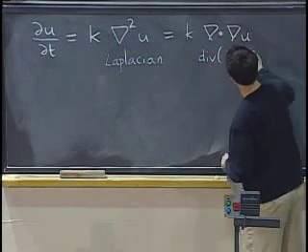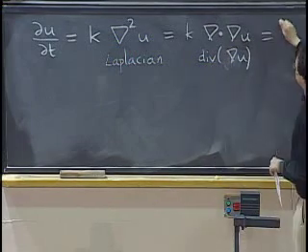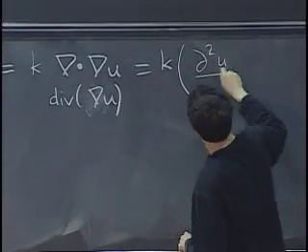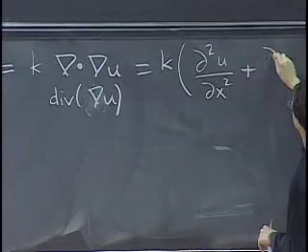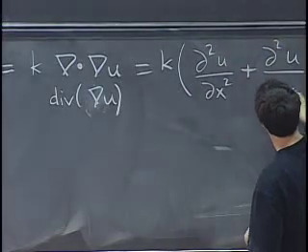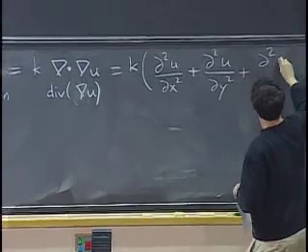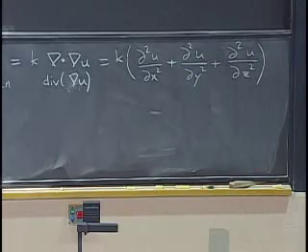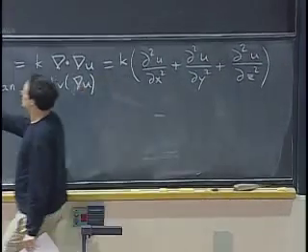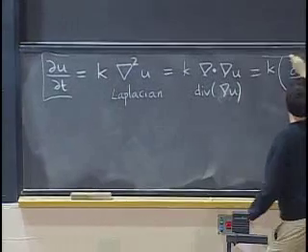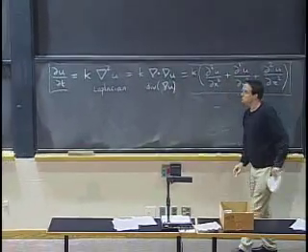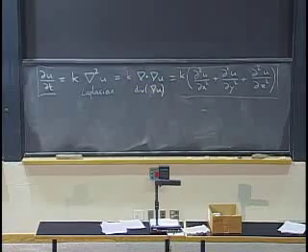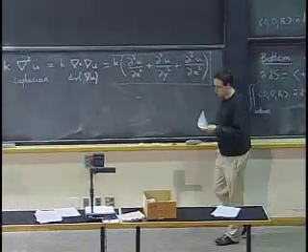We've used this notation for gradient. So if you actually expand it in terms of the variables, that becomes partial squared u over partial x squared plus partial squared u over partial y squared plus partial squared u over partial z squared. So the equation is this equals that. That's a weird looking equation, and I'm going to have to explain to you where it comes from.